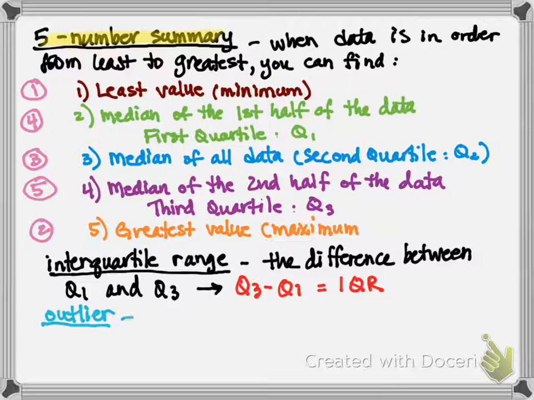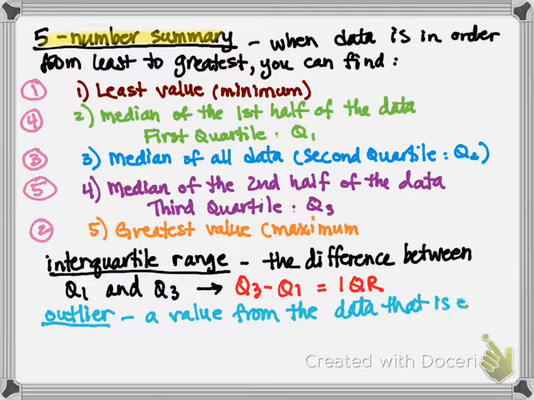It's a value from the data that is either much greater or much less than the other values in the set of data. Not just a little, but a lot.